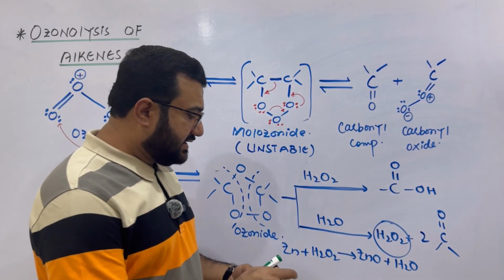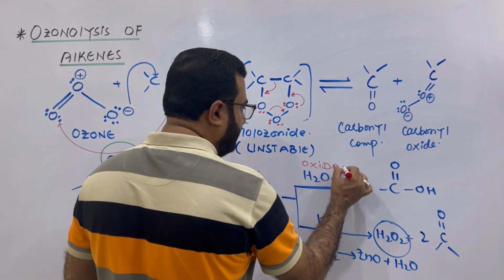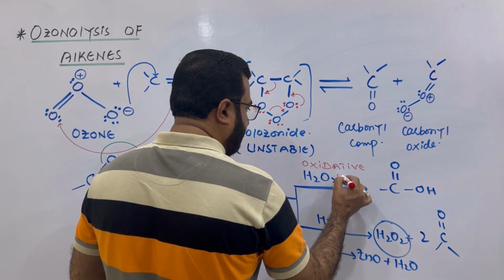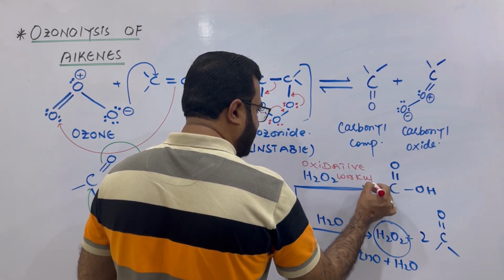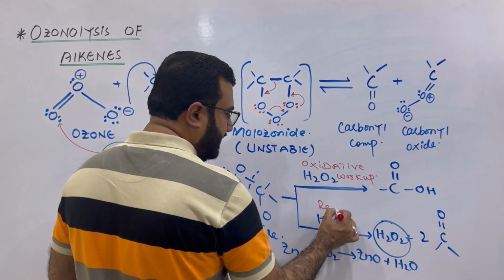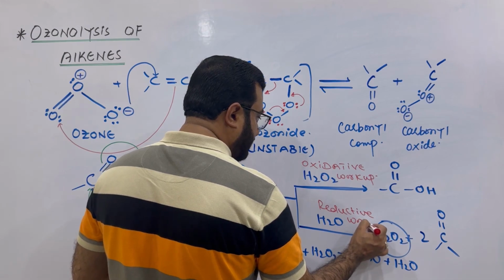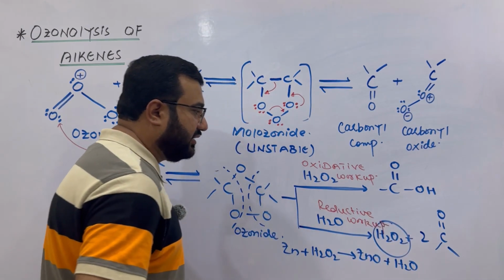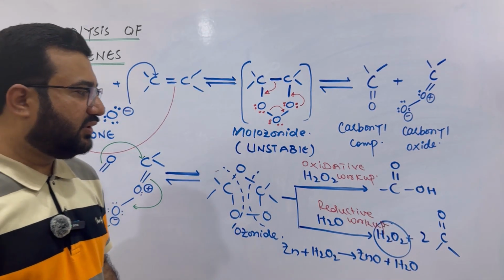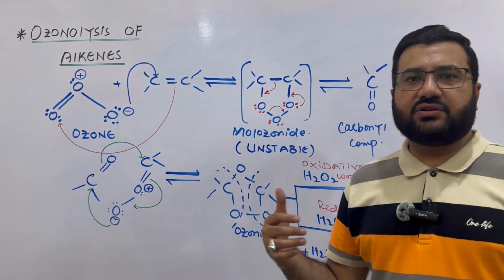But my dear students, this is the oxidative workup which is very rarely carried out. But if oxidative workup is carried out, you will get carboxylic acid, and this is the reductive workup which is usually carried out, and you get the carbonyl compounds as the products.